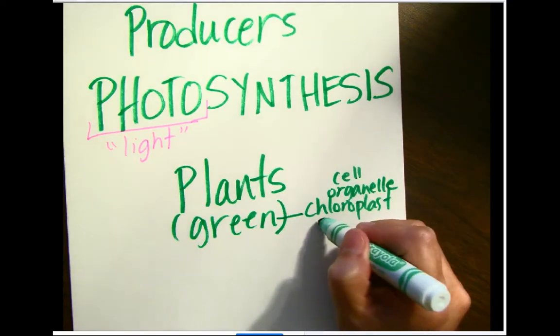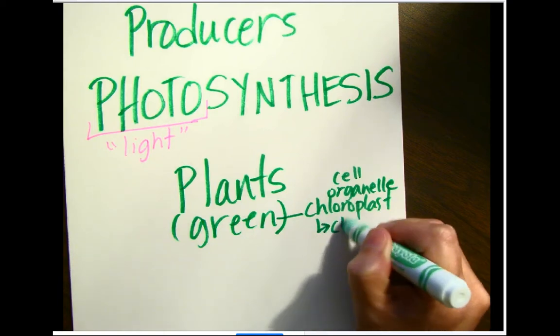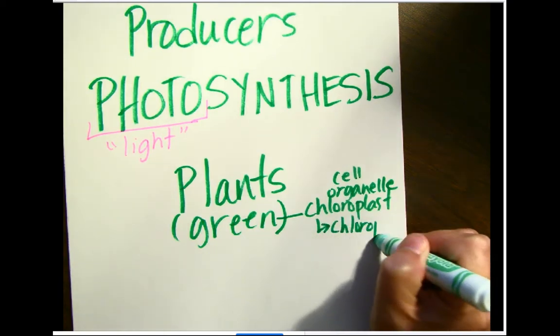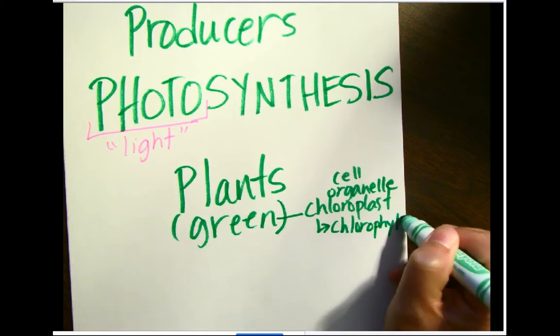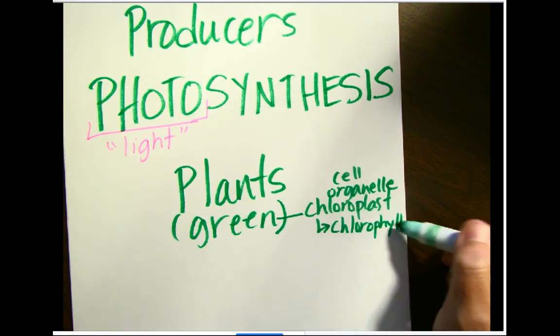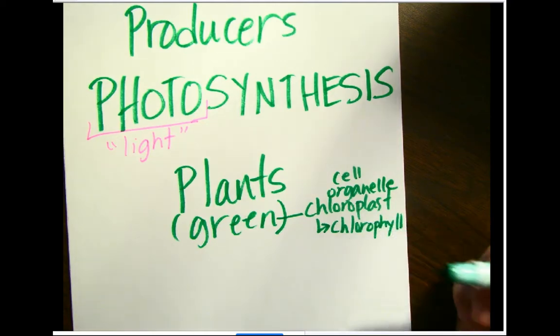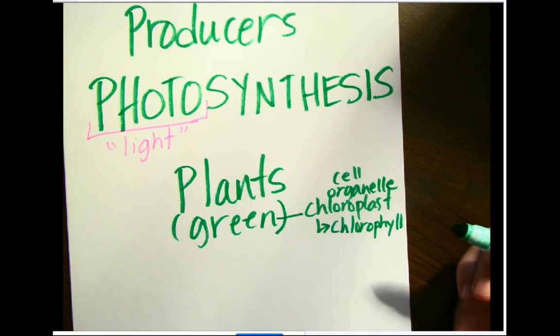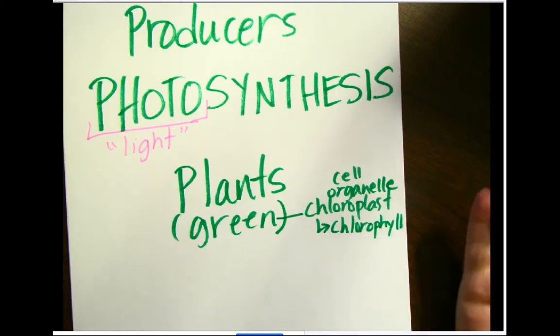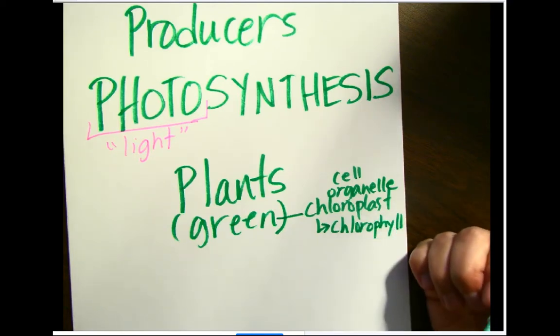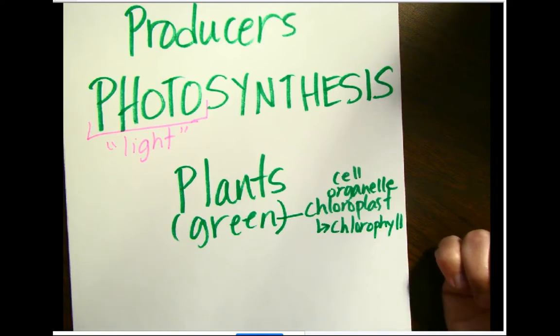And inside that chloroplast is something called chlorophyll. And this is the green pigment that makes the plants green. This is also the part that absorbs the sunlight to fuel the process of photosynthesis.